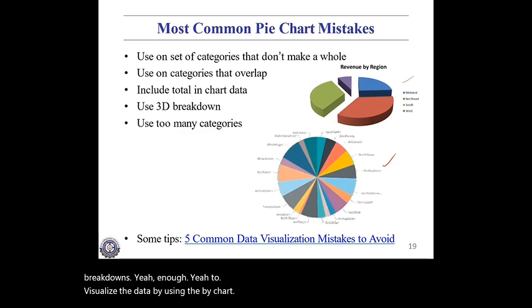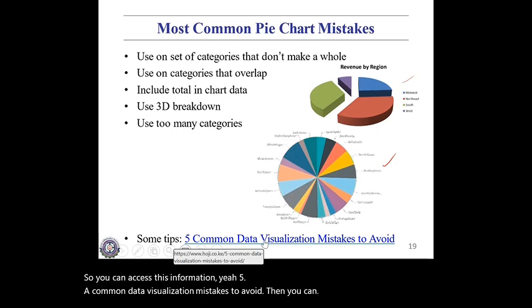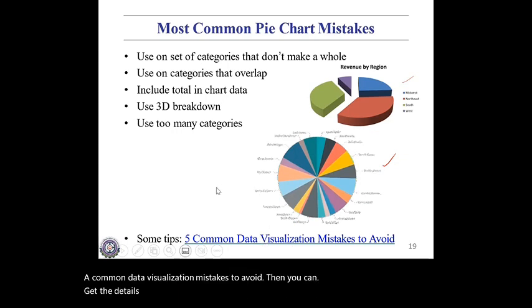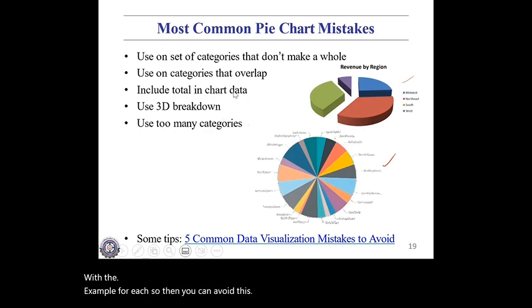So you can access this information, 5 common data visualization mistakes to avoid. Then you can get the details with examples for each, so that you can avoid these most common mistakes in drawing or providing pie charts to visualize the data. Right.